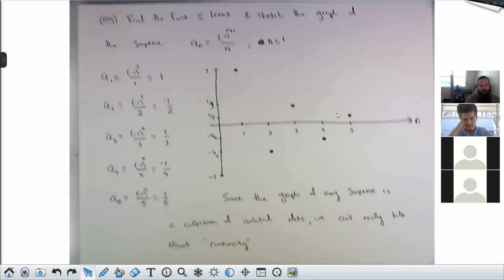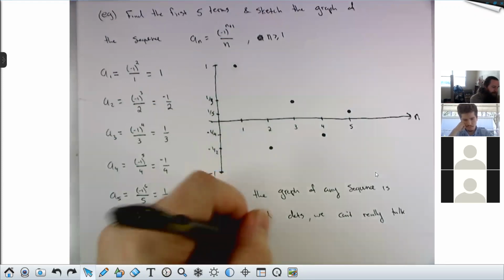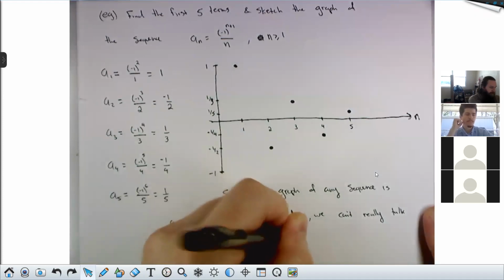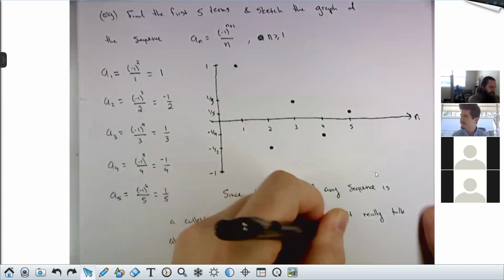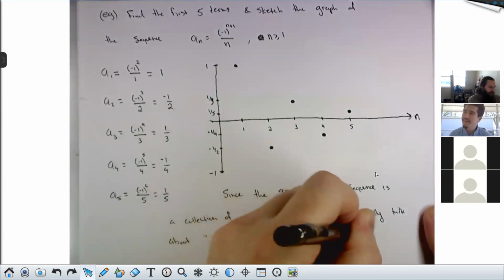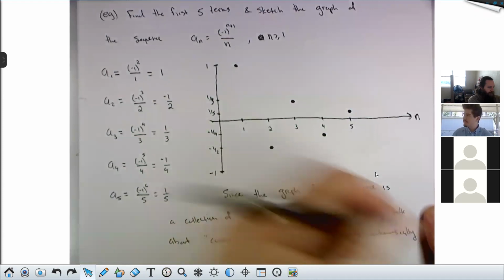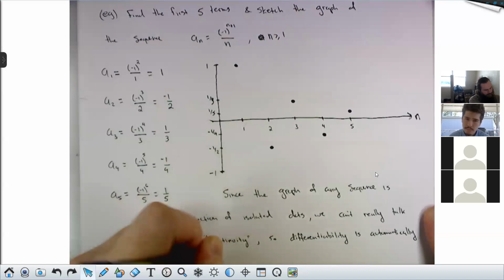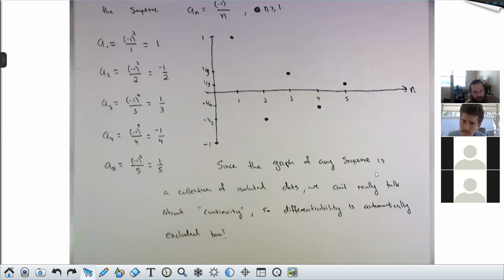Certainly this is not the graph of a continuous function. You have to lift your pen to draw this graph. And that means differentiability is automatically out. Right? Because in order to be differentiable, you have to be continuous.